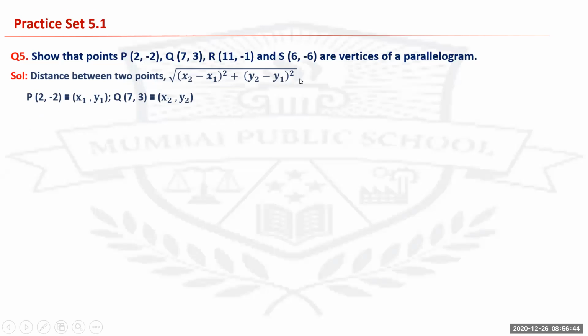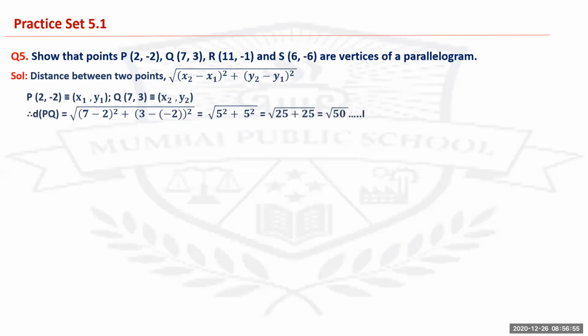Now here P 2 comma minus 2, we are going to consider that as x1 y1. We are going to consider Q 7 comma 3 as x2 y2, substituting it in the formula. Distance of PQ equals under root of 7 minus 2 the whole square plus 3 minus of minus 2 the whole square.